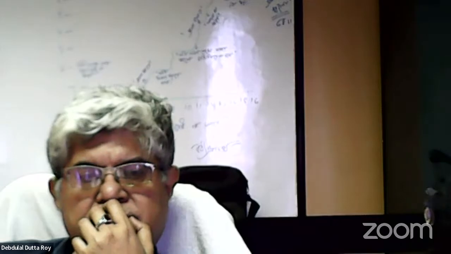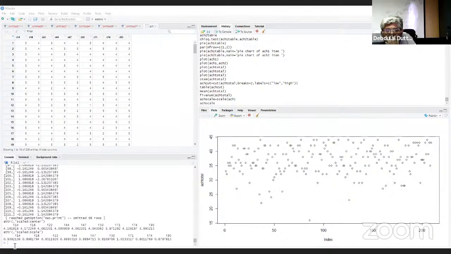Now, if we write TH, this is a vector that I'm creating, equal to 10 into, what was that, the scale.